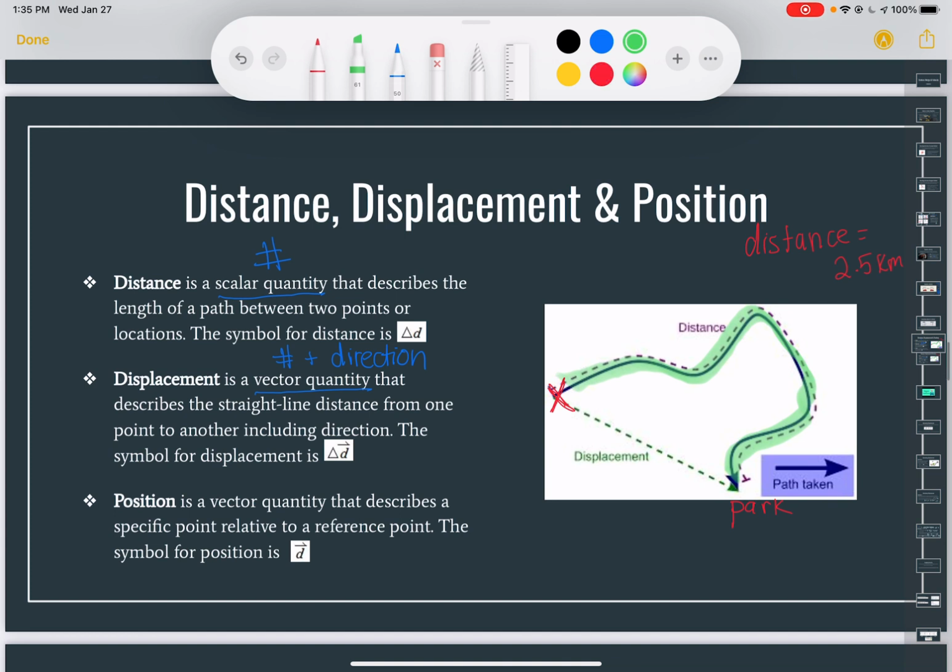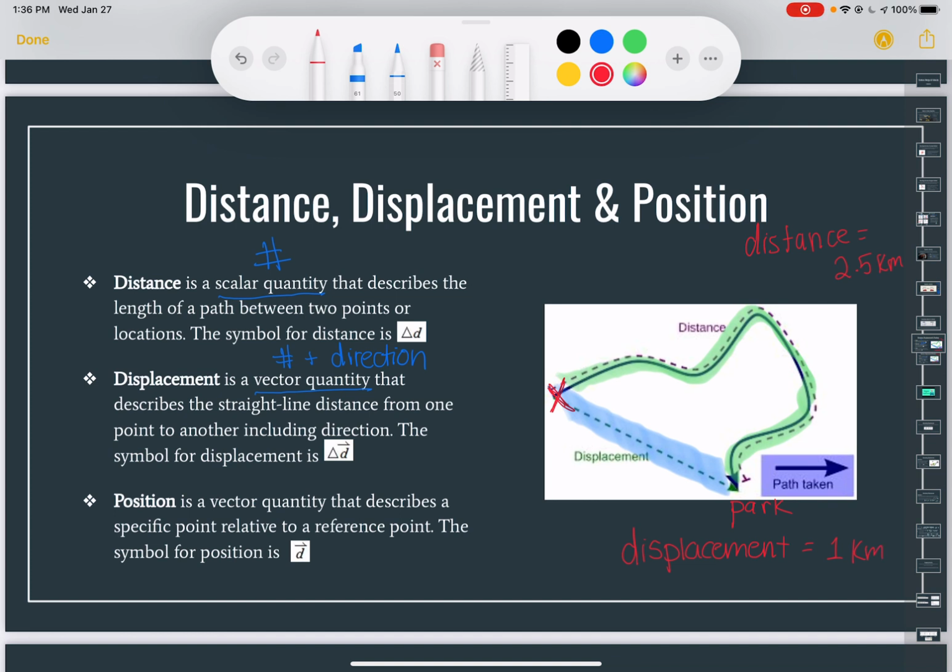I could decide to cut through the woods. And by doing that, I make a way more direct route to where I'm trying to go. So when I'm talking about displacement, this is where I have a direct route. And let's say, I'm making this up, our direct route for our displacement is 1 kilometer.